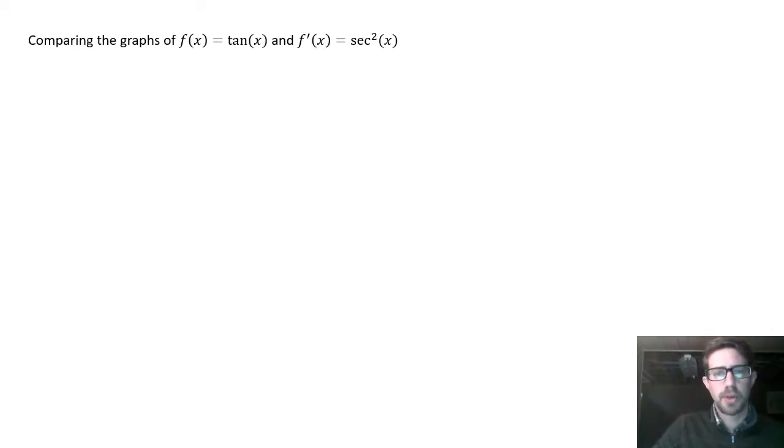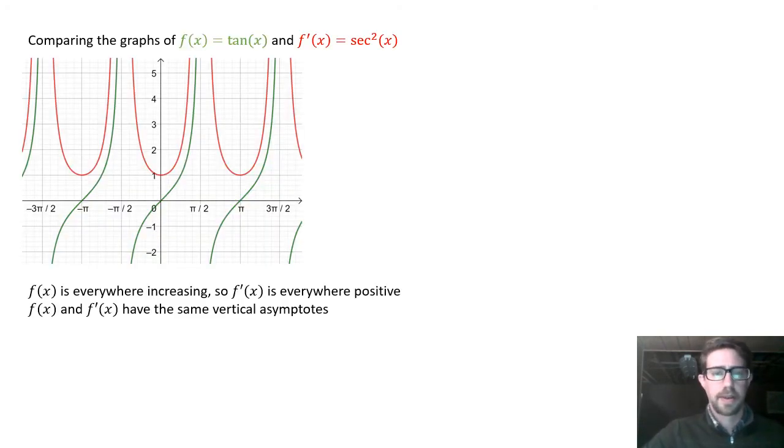Let's compare those graphs just to make sure it jibes with what we know about functions and their derivatives. Remember, the tangent function is a graph that has a lot of vertical asymptotes, and it's just a bunch of arcs that shoot up between them. So the green curve is tangent, and the red curve is its derivative. Notice the tangent function is increasing everywhere, which means its derivative better be positive everywhere.